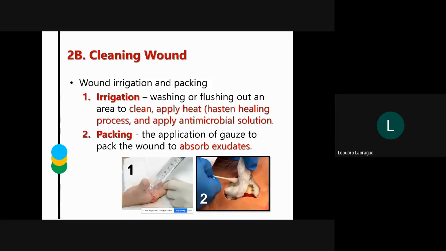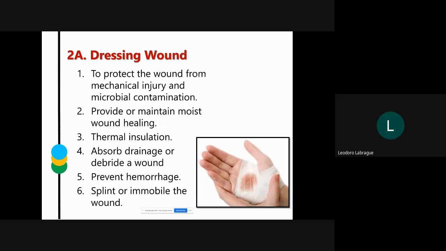And the very purpose of that gauze is to absorb the exudates. We have already discussed what the exudates are, right? Those are fluid and cells that are produced by the wound. Again, irrigation and packing. Now, this is important because next week, your nursing procedure to be performed is wound dressing.